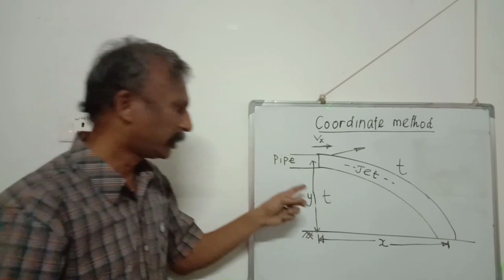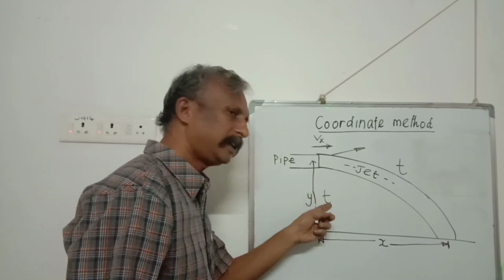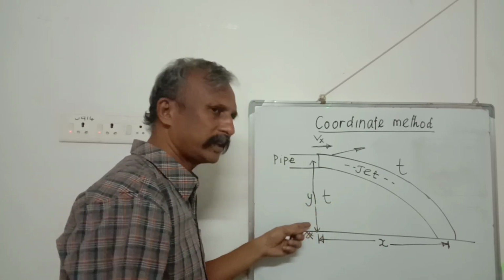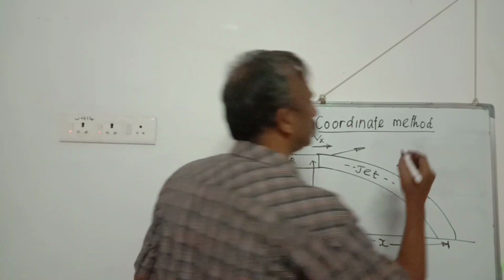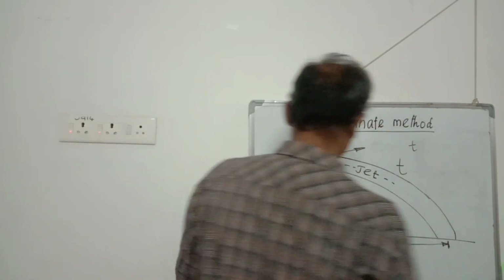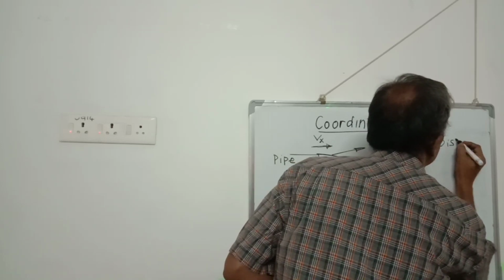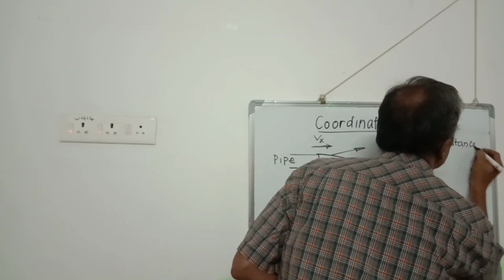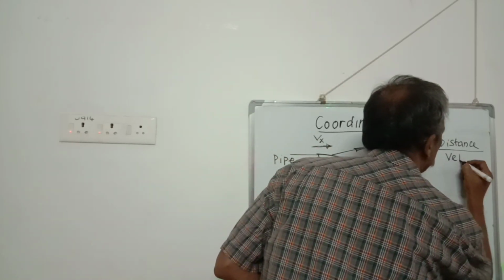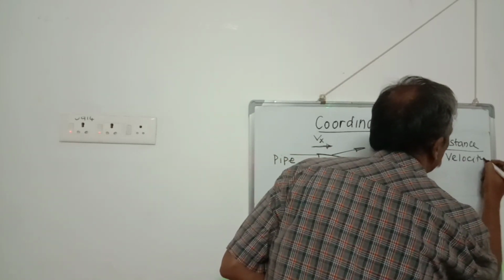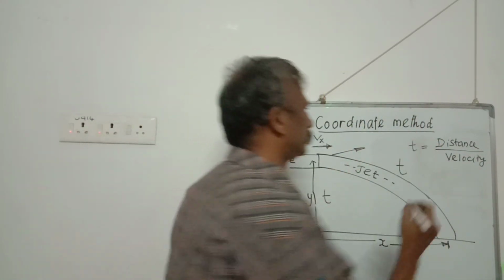Now we will derive a relationship between this t, y and the velocity of fall. What is t? This t is distance divided by velocity. You know that time is equal to distance divided by velocity. In this case, distance is y.